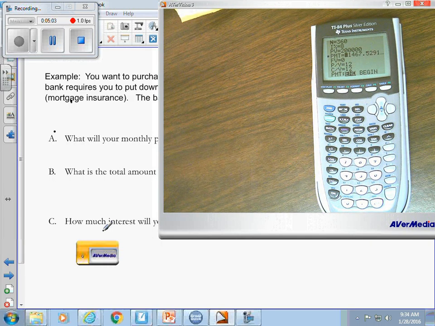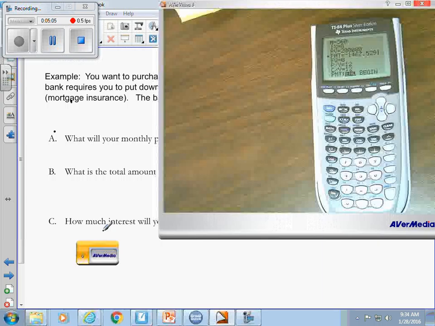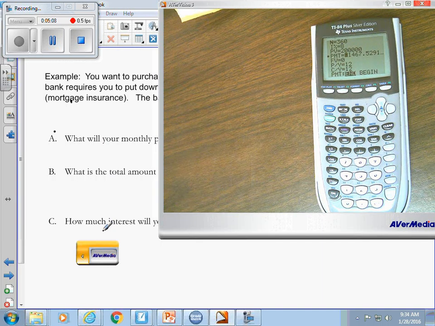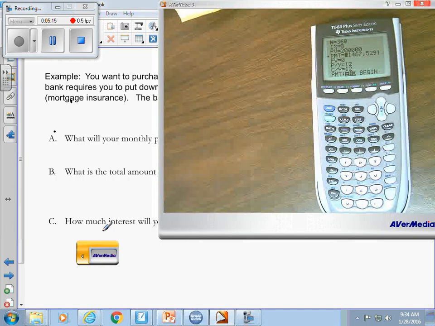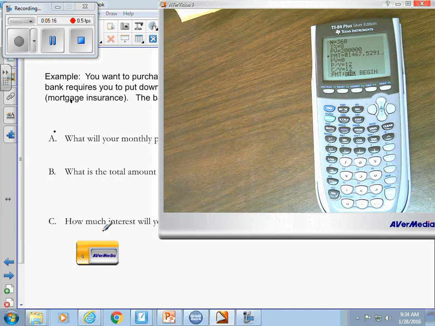Anyone else have a question about this so far? Okay, I also want to do a future value one just to show you how that works. So this is how any loan works. You put the loan amount in present value. Now, could I solve for other things? Yeah.